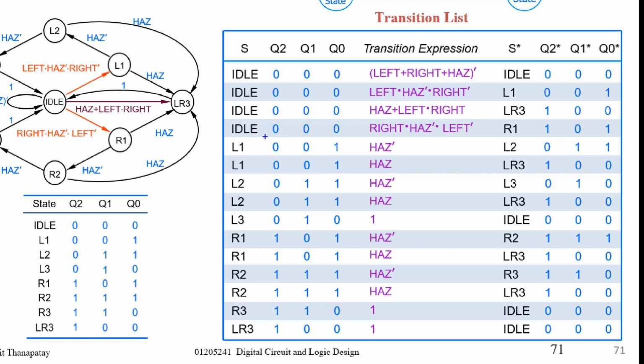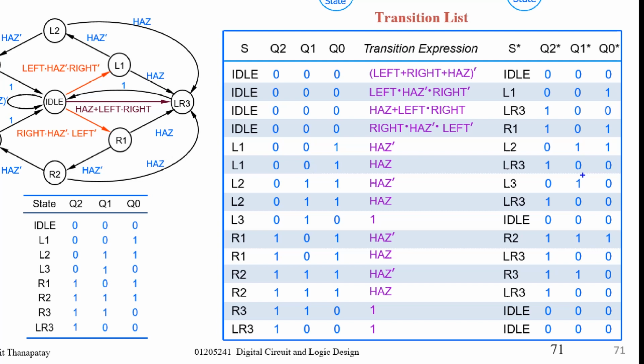For example, state idle is 0, 0, 0, right? L1 is 0, 0, 1, okay? L2 is 0, 1, 1, okay? L3 is 0, 1, 0, okay? R1 is 1, 0, 1, okay? And this one also, right? Idle is 0, 0, 0. L1 is 0, 0, 1, okay? LR3 is 1, 0, 0, okay? And so on.